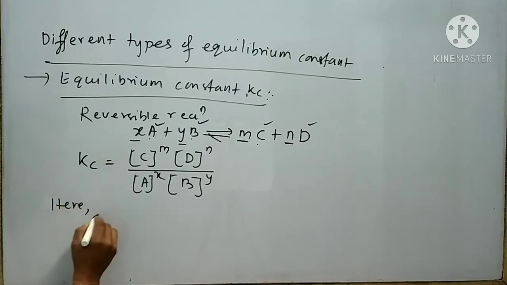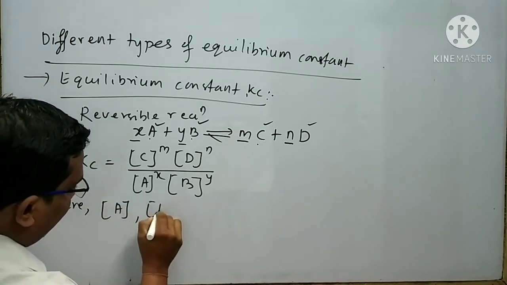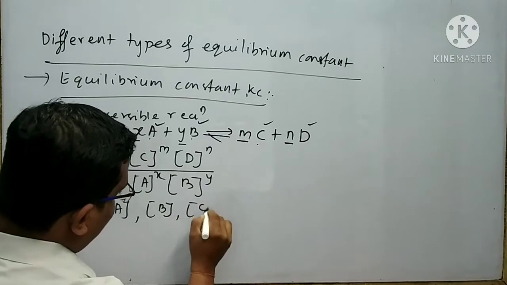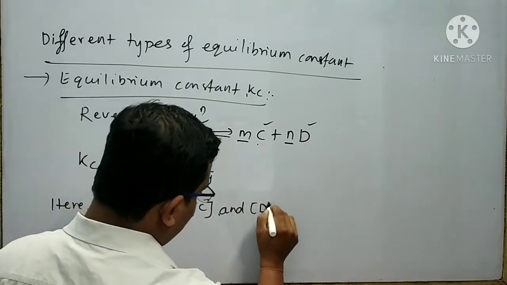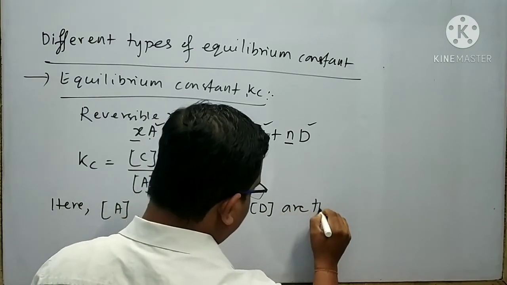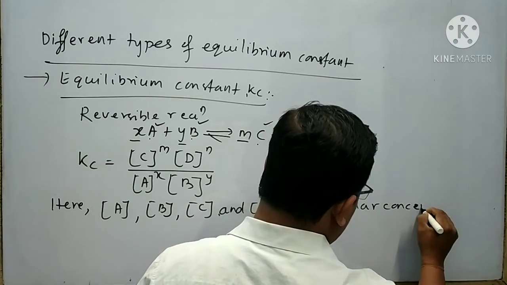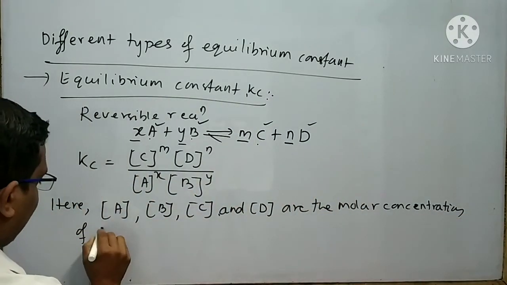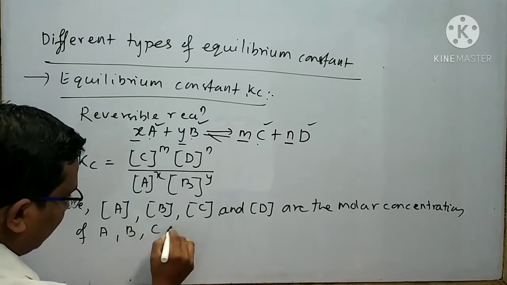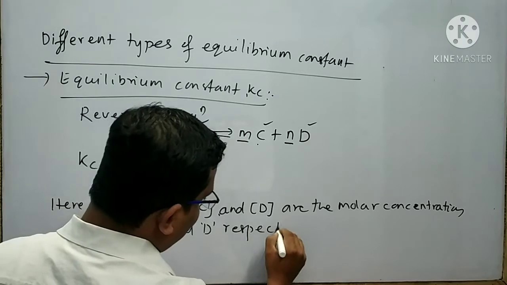Here these terms are the molar concentrations of A, B, C and D respectively.